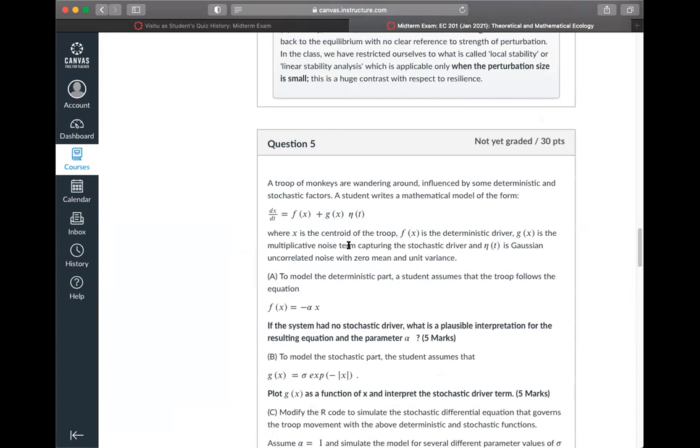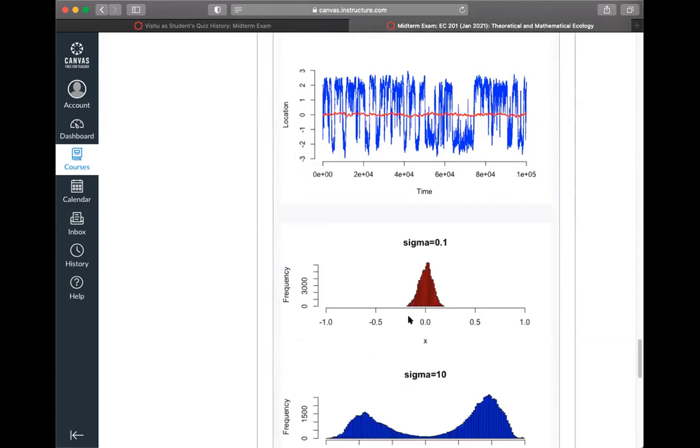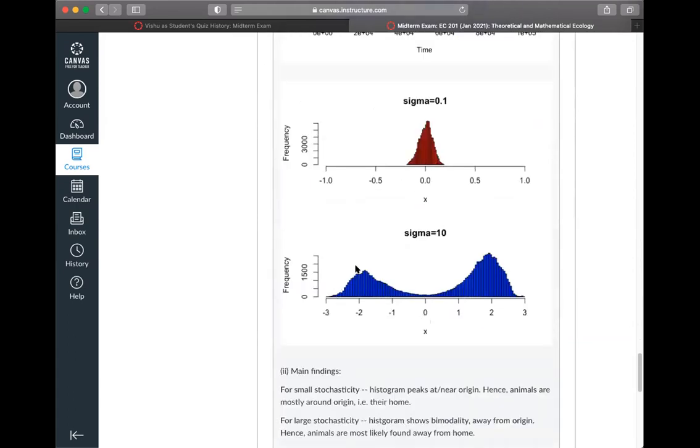Usually you don't find this kind of multiplicative noise in physical systems. In physical systems, you mostly find additive noise, where g of x is equal to a constant. But in biological systems, you can actually find g of x to be multiplicative, and those can cause what are also called noise-induced states. So the two new states we have found, at -2 and +2, are entirely a consequence of stochasticity.